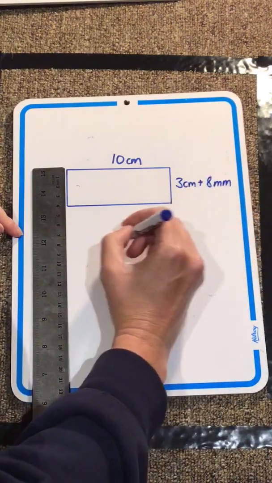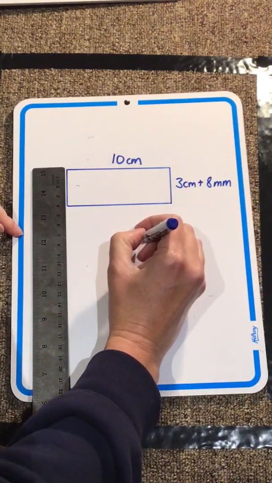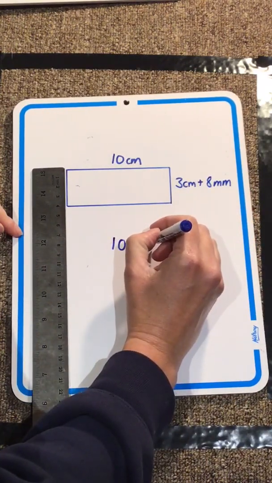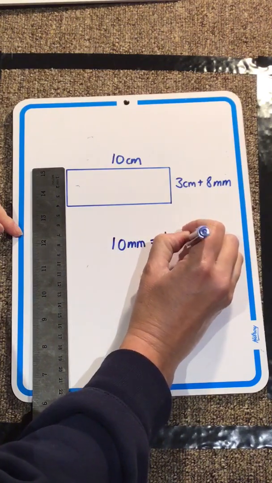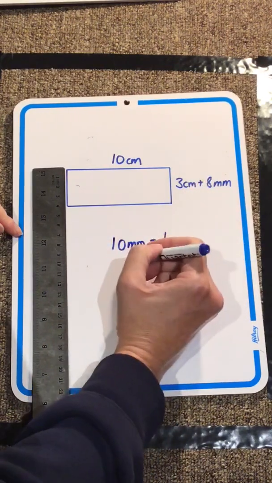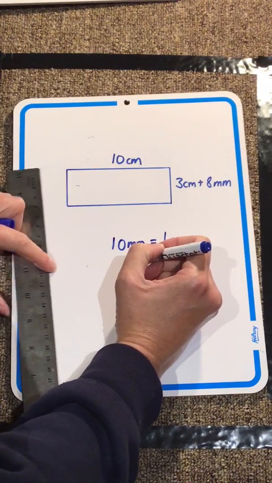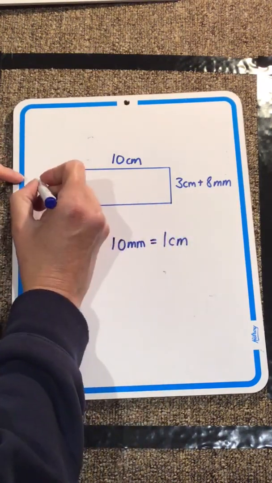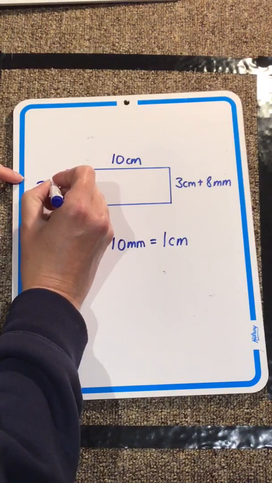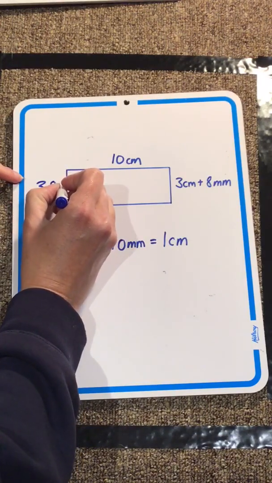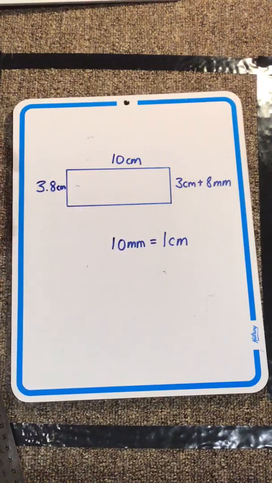Well, we know that there are 10 millimeters in 1 centimeter. So that means 1 millimeter is 1/10 of a centimeter. We know how to use decimals to write a tenth, so we know that this side is 3.8 centimeters long.